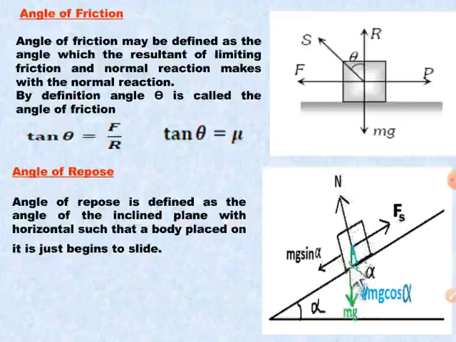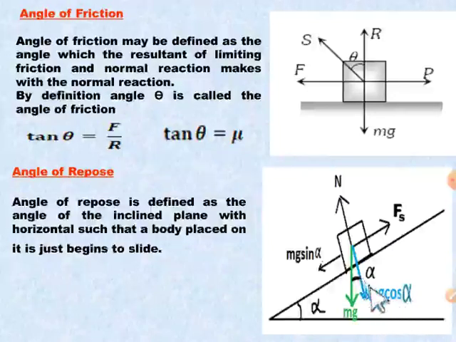Now this weight we can resolve into two rectangular components. One is perpendicular to the surface, opposite to the normal reaction. The other is opposite to the frictional force, downward along the incline. As the angle is alpha, the component perpendicular to the surface is mg cos alpha.